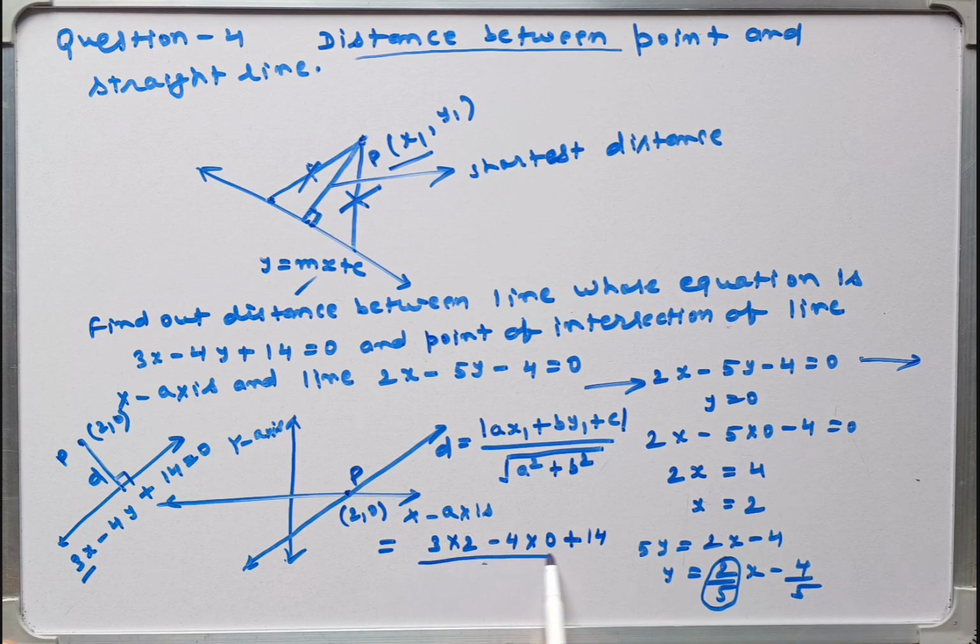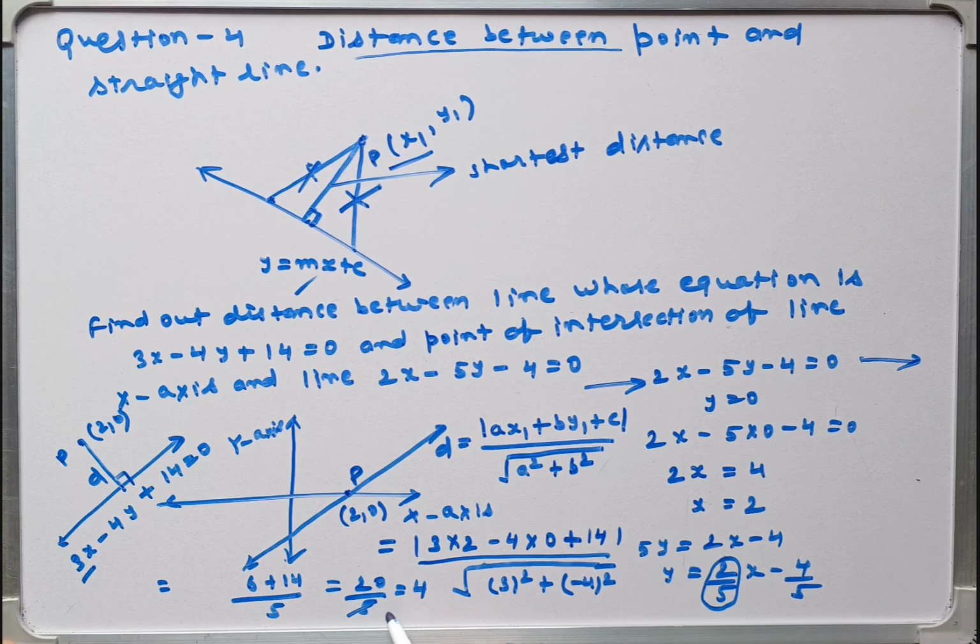Now again we take under root of the coefficient of x, this is 3 whole squared, and the coefficient of y whole squared. So this will come 6 plus 14, and the denominator will come 5. So finally what you get here is 20 by 5, which is equal to 4.